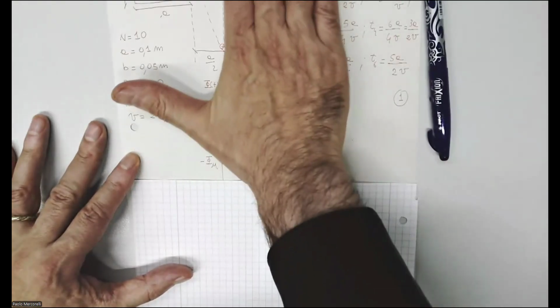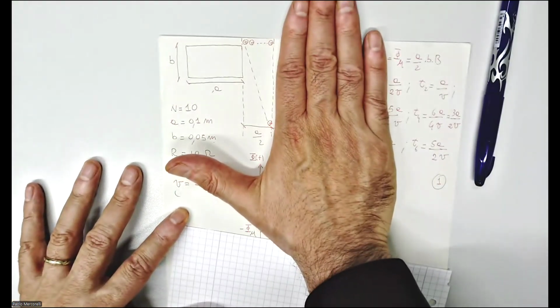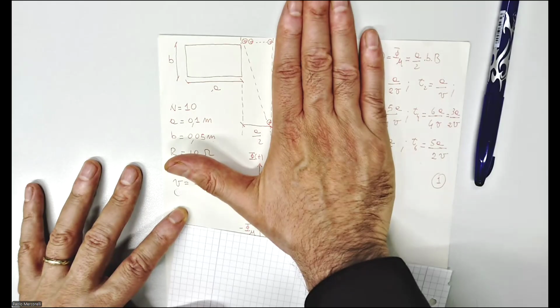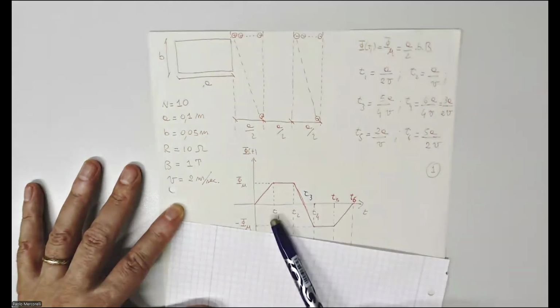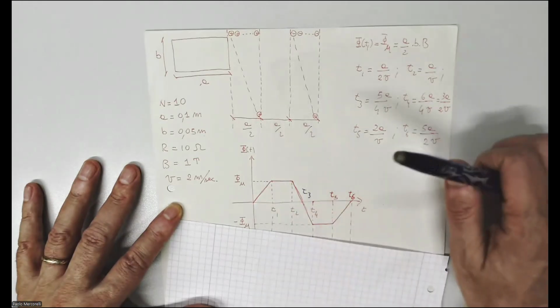Because if I consider this part here, we don't have changes. Did you agree? If you consider just the time T1, the maximum flux is the same. Clear? Then we have a constant part.